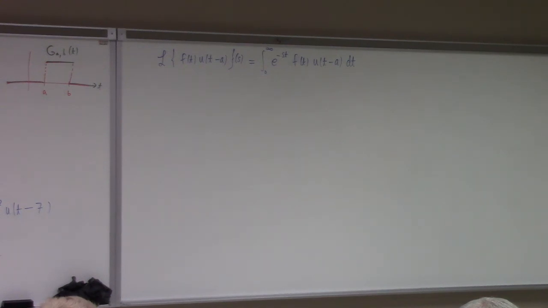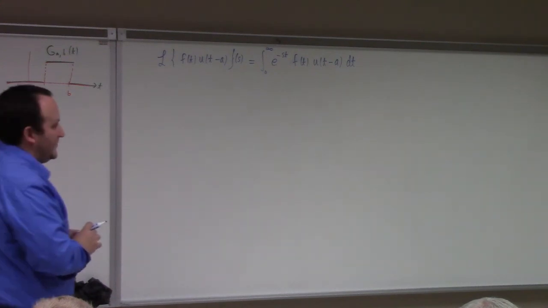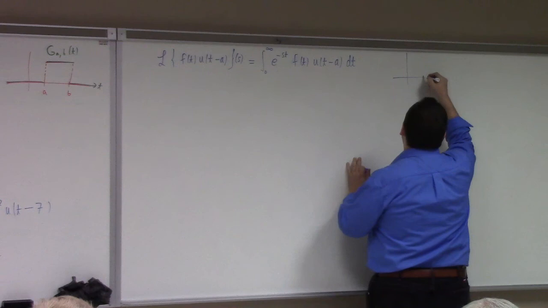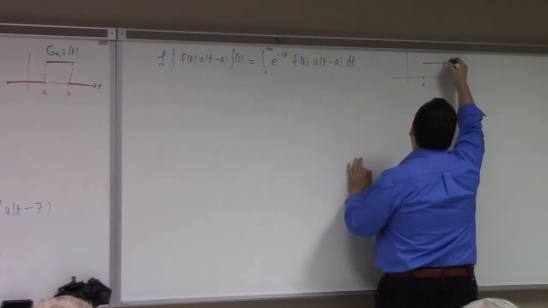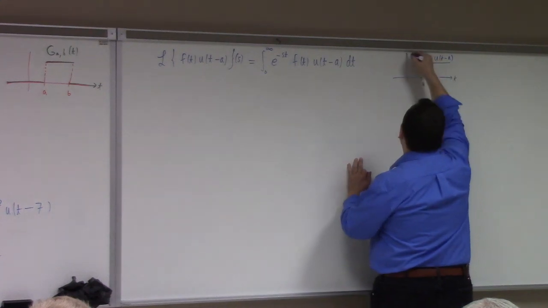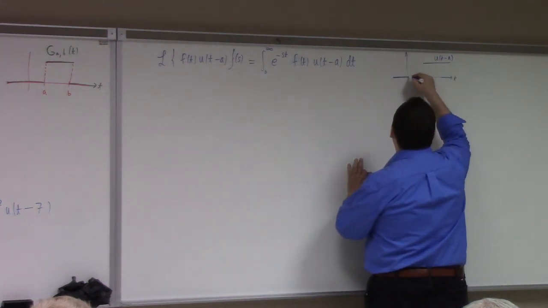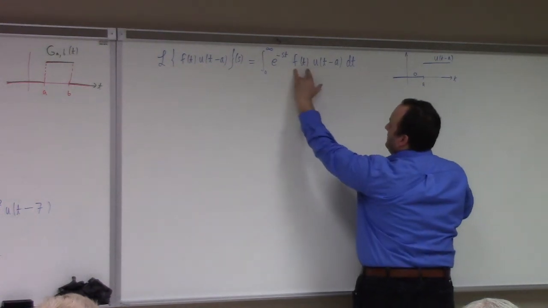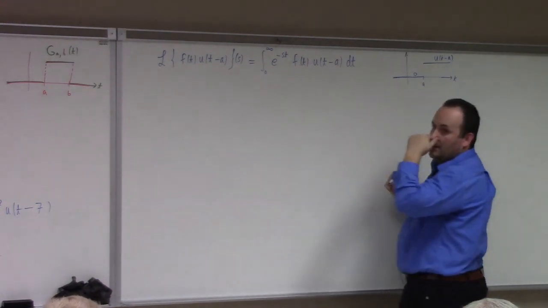So you guys tell me, what's the first thing I can do calculationally here? Do I need to integrate from 0? This function, f of t times u of t minus a, what's that look like? Remember u of t minus a is this thing, right? So when you take that thing, which is 0 over here, I'm taking 0 times a function. This integral is 0.